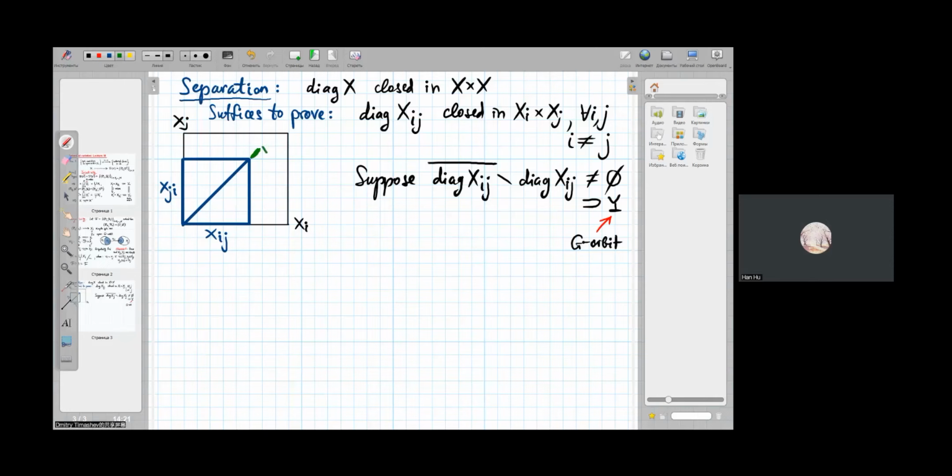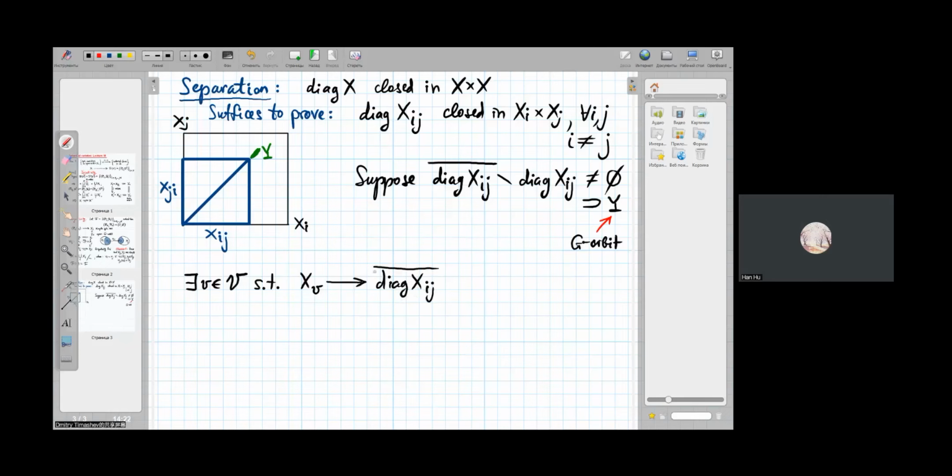This is Y. Now, by properties of elementary embeddings, which we discussed previously, there exists a vector v in the valuation cone V such that there is a morphism from the respective elementary embedding Xv of X to this closure of the diagonal, because it is still a spherical variety containing Y not as the open orbit.